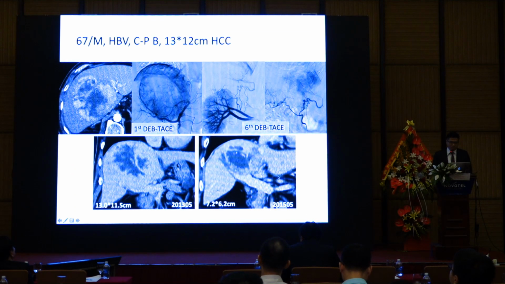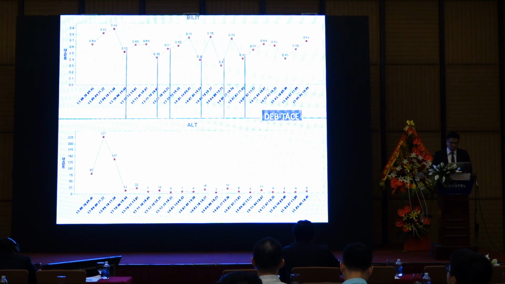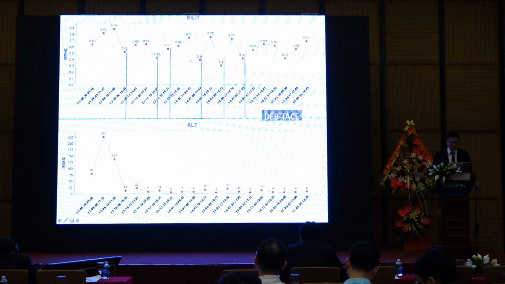Another case is a mega tumor of more than 10 centimeters. This patient underwent multiple drug-eluting bead treatments. However, it was just a partial response. But what I want to show you is that with selective embolization using drug-eluting beads, compared with conventional TACE, there was no significant elevation of the total bilirubin after treatment.